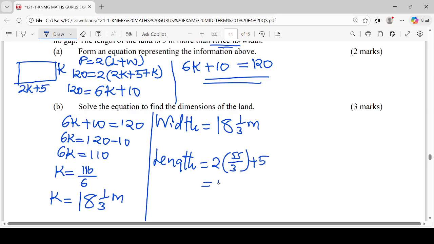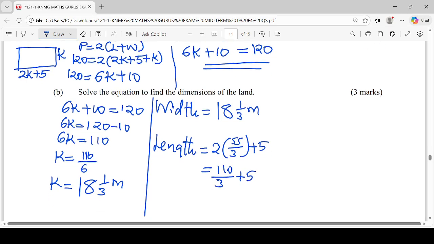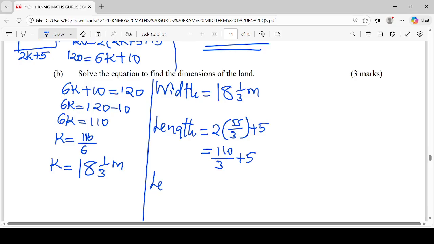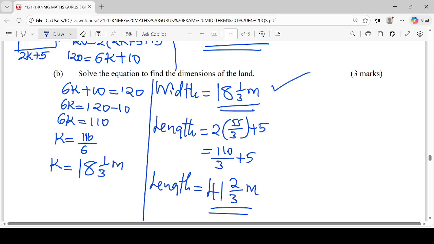That is like saying 110 over 3 plus 5. So the length is 41 and 2/3 meters. These are the dimensions: the width is 18 and a third, the length is 41 and 2/3.